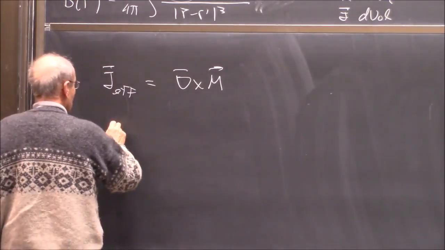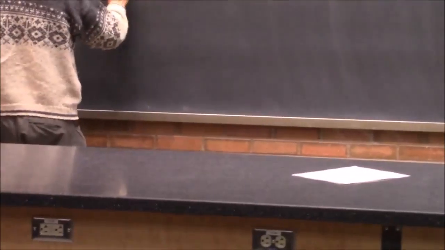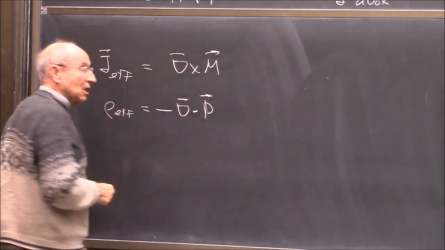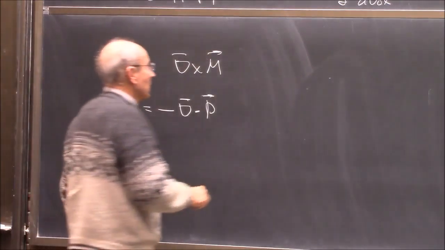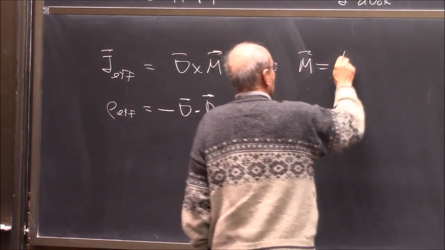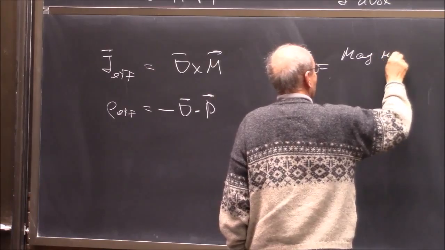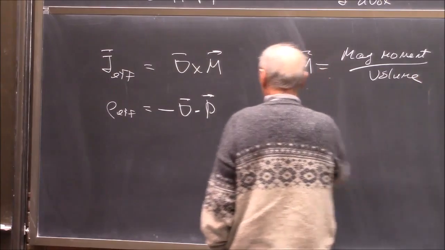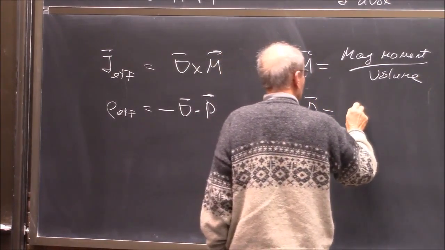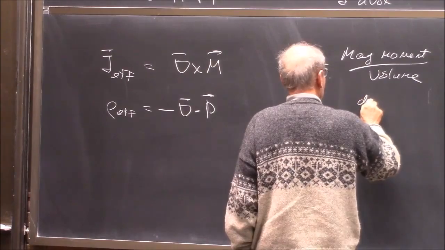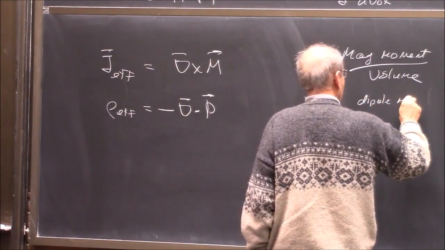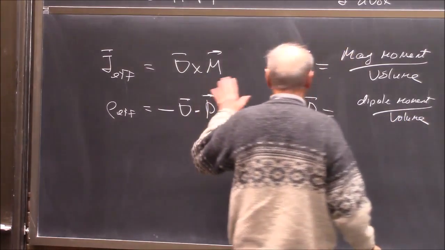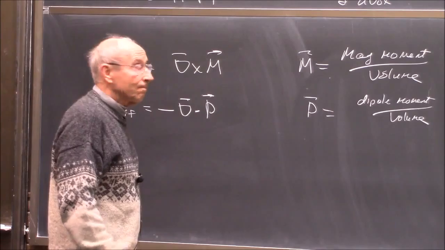This corresponded to the effective charge density when you had dielectric materials, which was minus the divergence of the polarization, where M was the magnetic moment per volume, just as P was the electric dipole moment per volume. So we're going along exactly the same route.